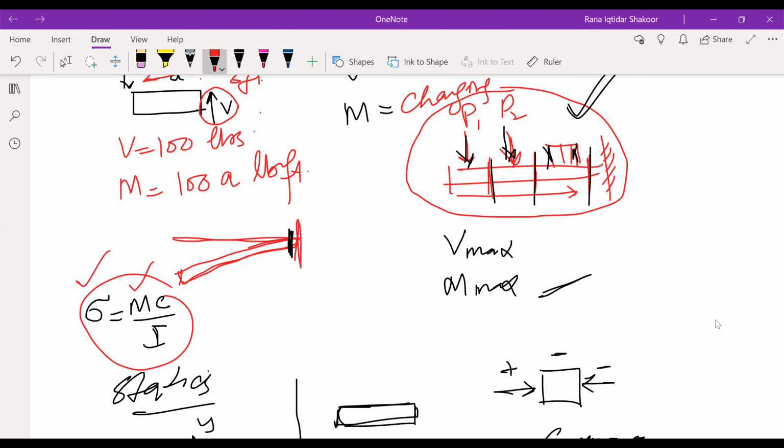If we have a cantilever beam and a load is applied in this direction, say 100 pound, then it will be in this shape. Since this moment is a function of A, when A is maximum, the moment will be maximum.